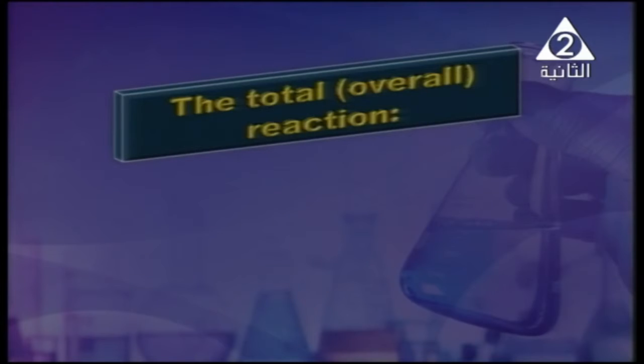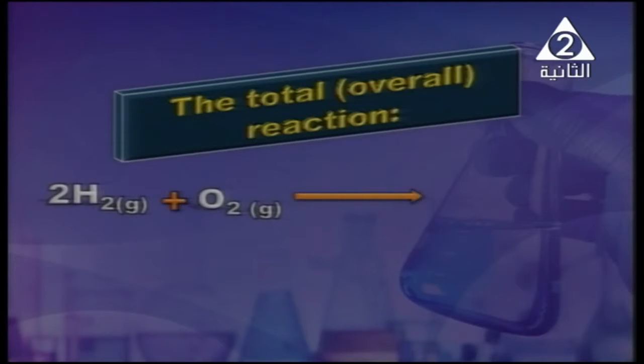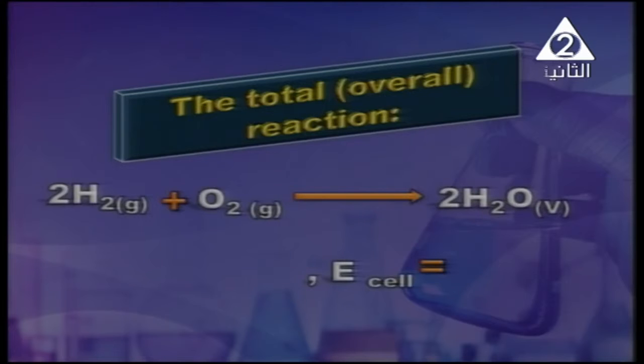What about the total or the overall reaction in this cell? How can you write the total reaction? As you see, 2H2 gas plus O2 gas gives 2H2O vapor, and the E cell equals the summation of the oxidation and the reduction potentials, which equals 1.23 volt.